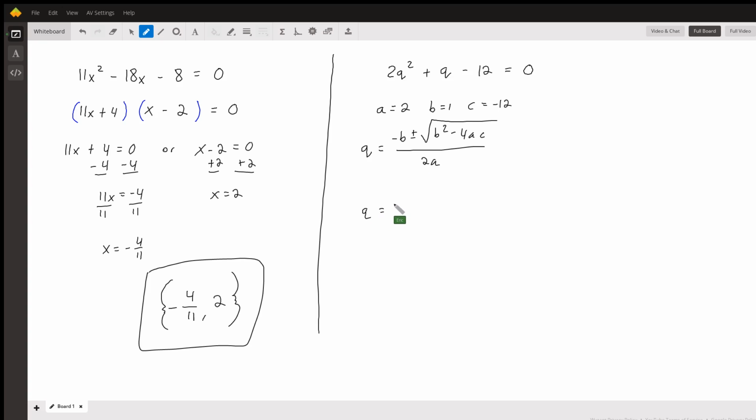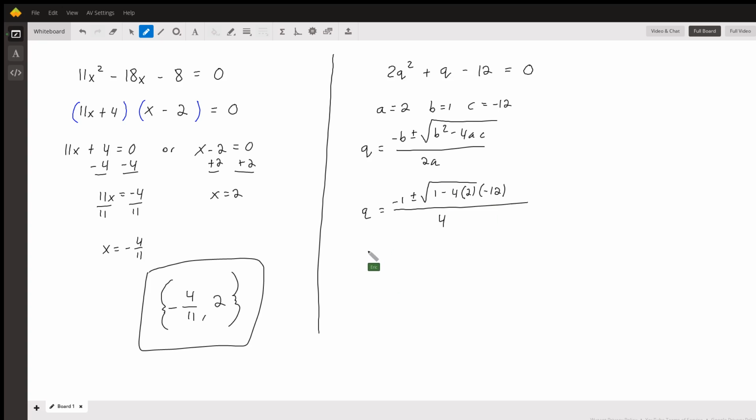So you have q equals negative 1 plus or minus the square root of b squared, which is 1 squared, or 1, minus 4 times a, which is 2, times c, which is negative 12, all over 2a, or 2 times 2, which is 4.